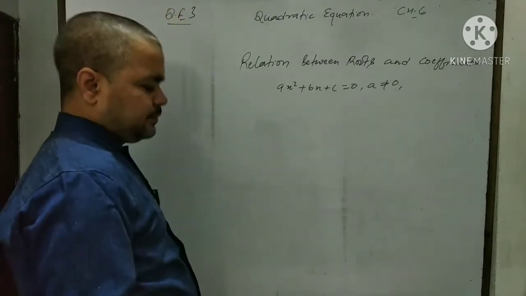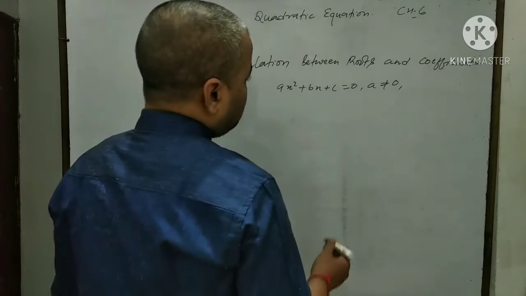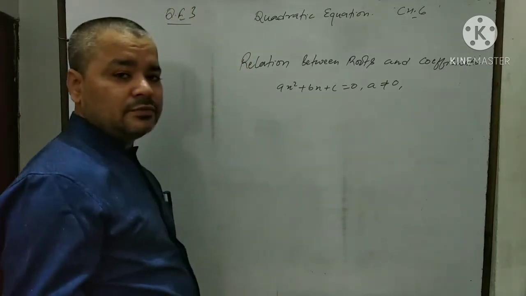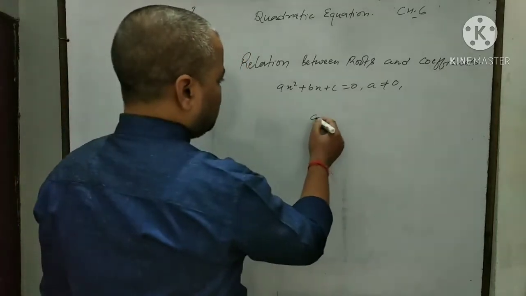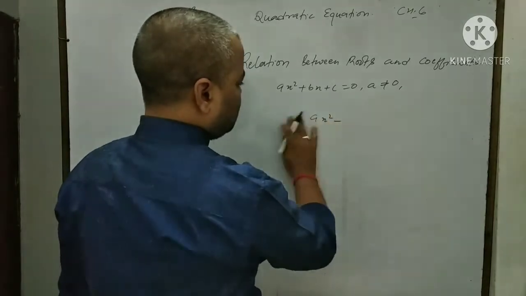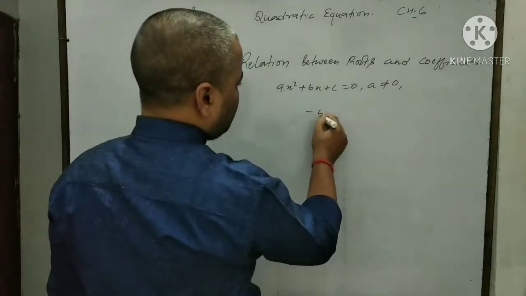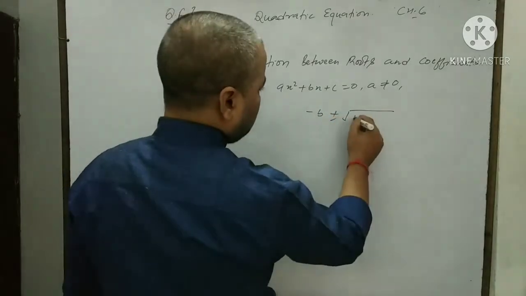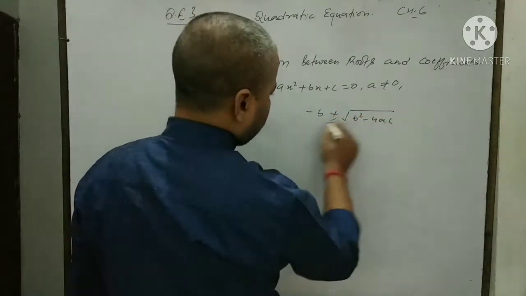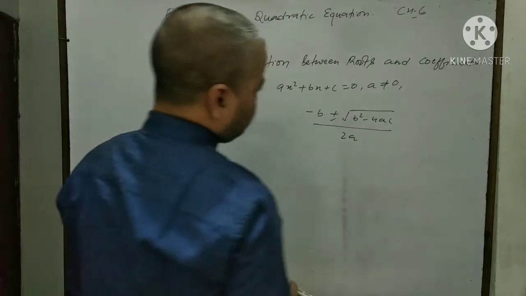In this case we find the roots using the quadratic formula. What is the quadratic formula? Minus b plus minus under root b square minus 4ac by 2a.